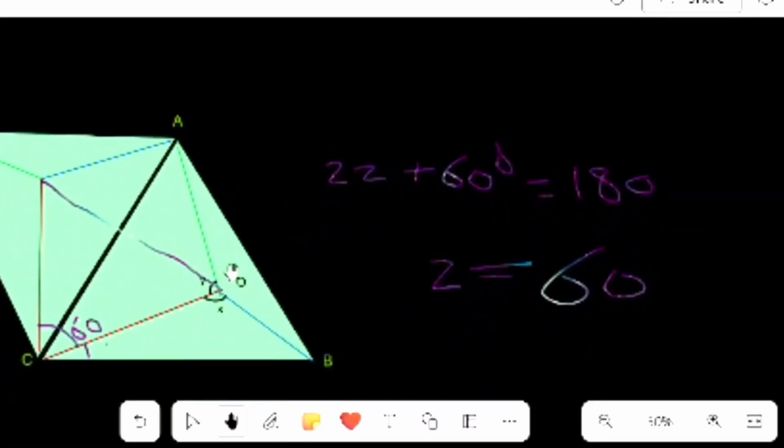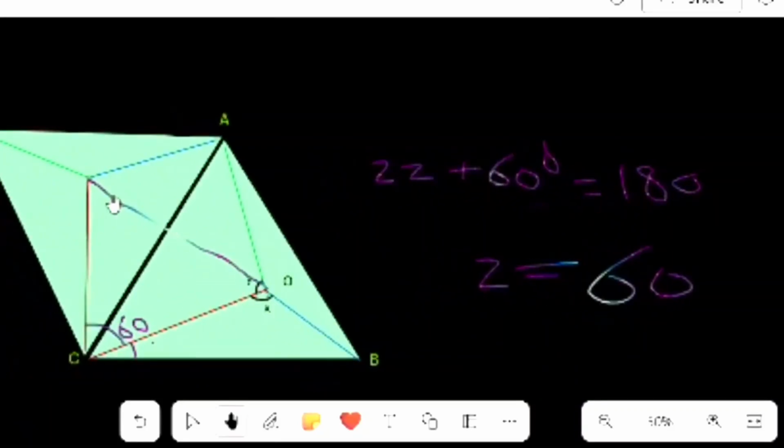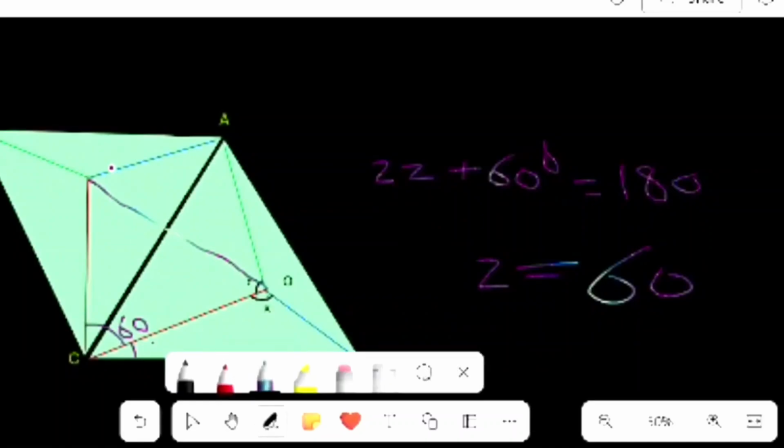To find the angles, we can see this is a 60 degree angle because this red triangle is equilateral, and this whole angle is x. So this angle will be x minus 60 degrees.